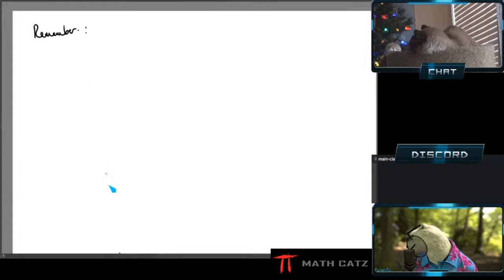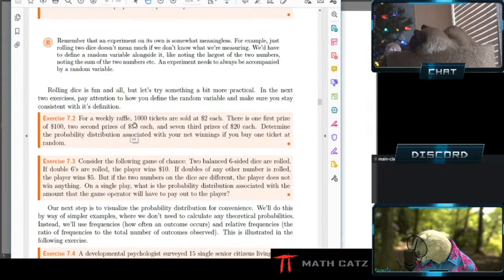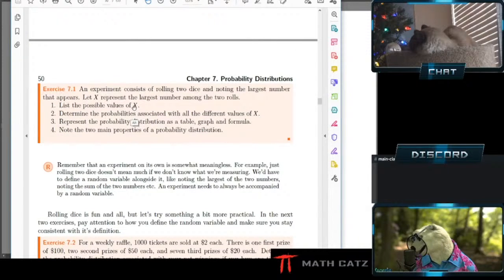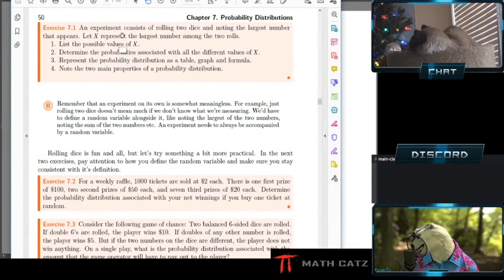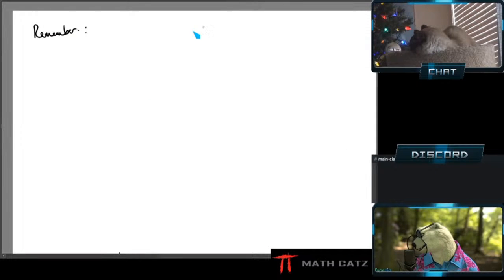Let's remember a previous example. The one I want to remember, just because we did it, it's easy, it's not a brand new one, is where I roll two dice and I note the largest number of the two. Hopefully you remember that. So let's remember exercise 7.1. I have my random variable.